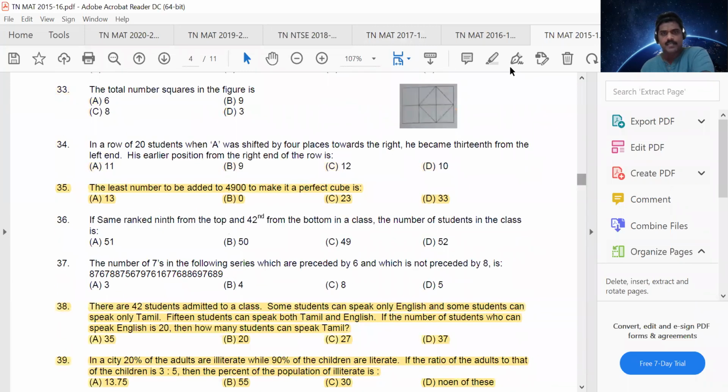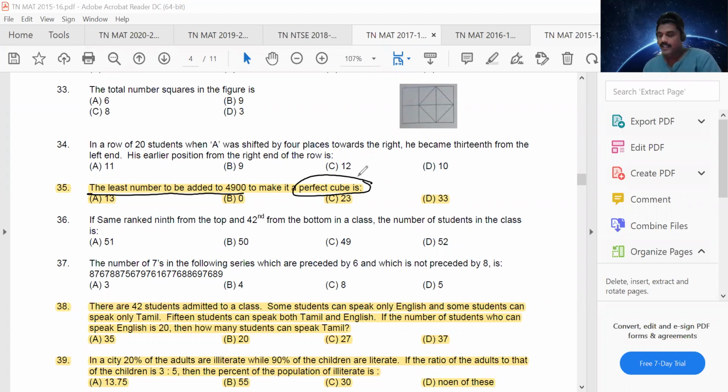Moving on to the next question. This is an important and interesting question. The least number to be added to 4900 to make it a perfect cube, not a perfect square. There is one small technique to find whether the given number is a perfect cube or not.